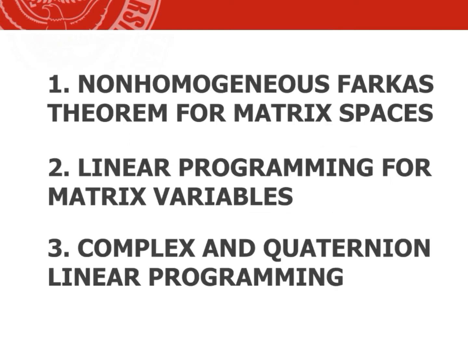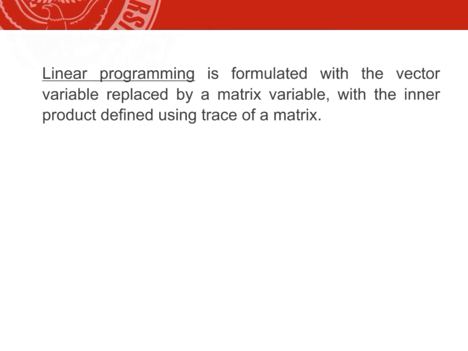So there are three types: number 1, the non-homogeneous Farkas theorem for matrix spaces, number 2, linear programming for matrix variables, and number 3, complex and quaternion linear programming. So linear programming is formulated with the vector variable replaced by a matrix variable with the inner product defined using the trace of matrix.